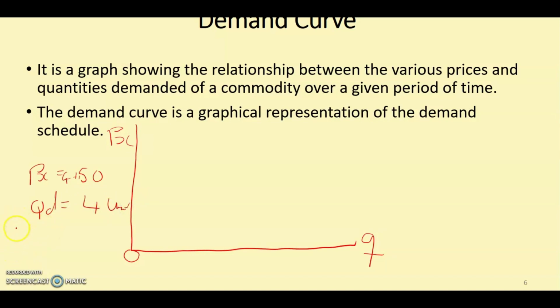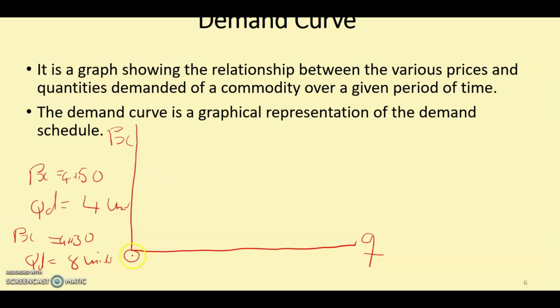Then, assuming the price of the commodity decreases to, let's say, 30 cedi, the quantity demanded increases to, say, 8 units. Now, let's use this raw data to plot a demand curve, and let's see how the curve is going to go.